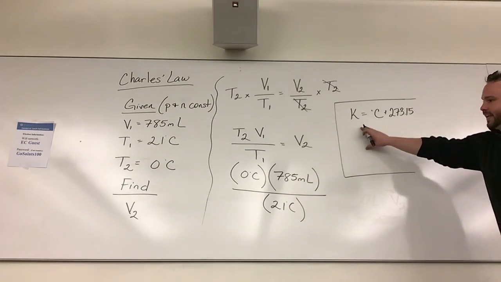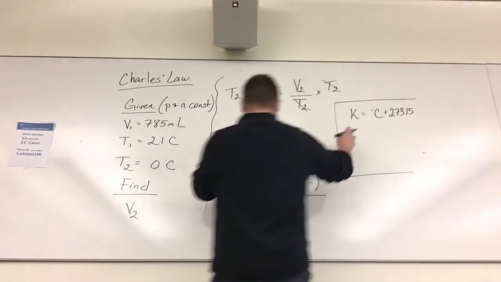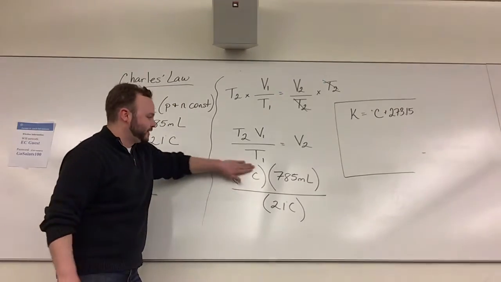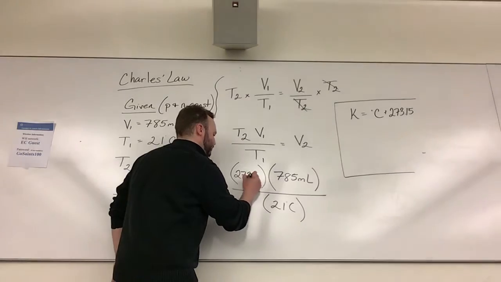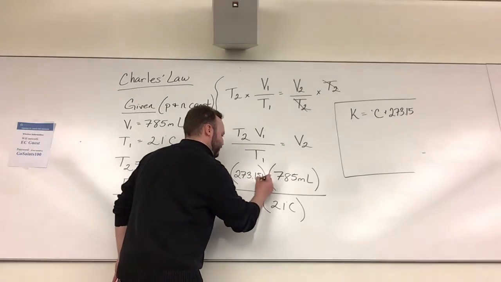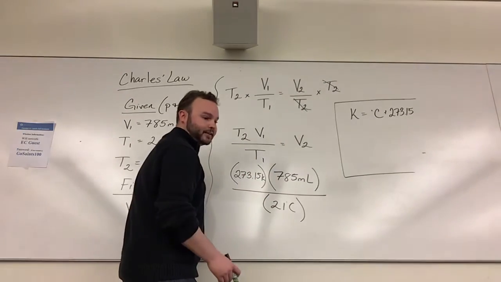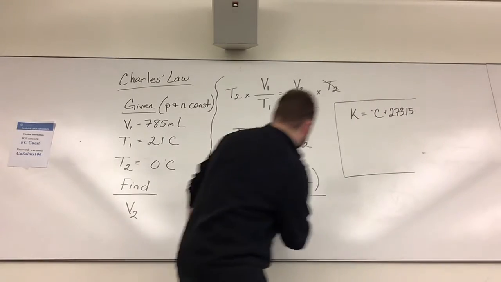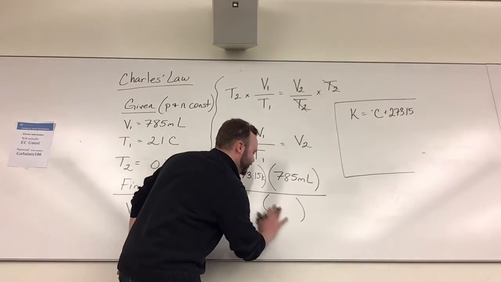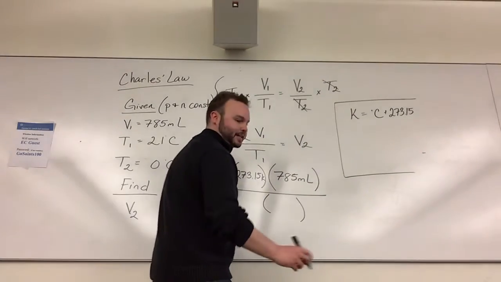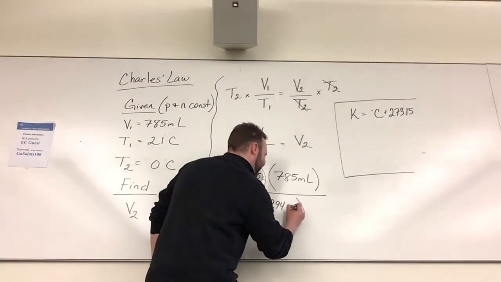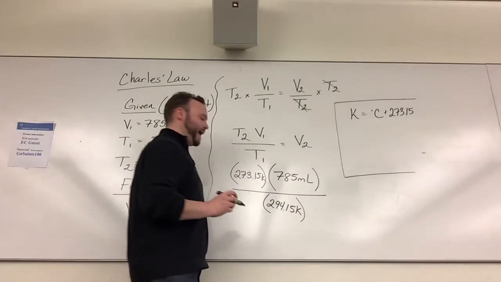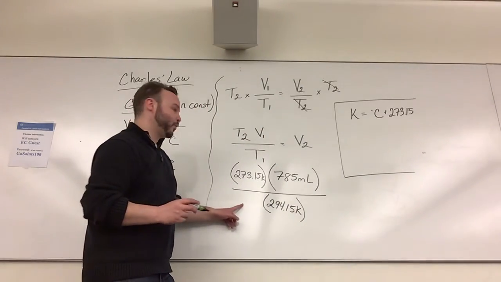So if I want Kelvin for 0 degrees Celsius, well, I add 273.15 to it. So let's substitute that in. 273.15 Kelvin. For 21, if I add that to 273.15, I'm going to end up with 294.15 Kelvin.